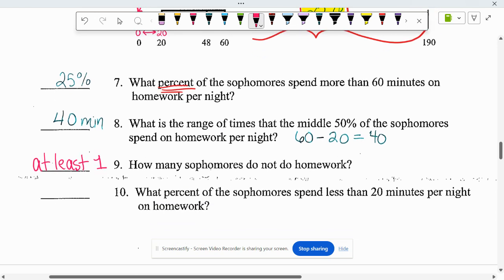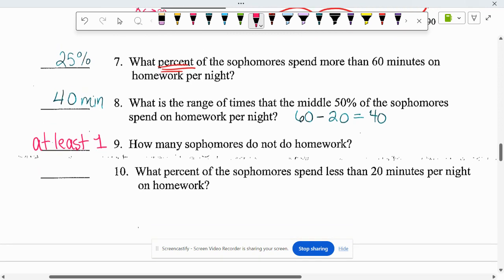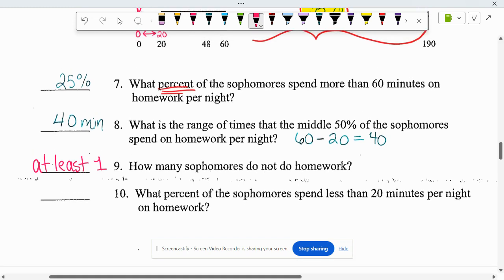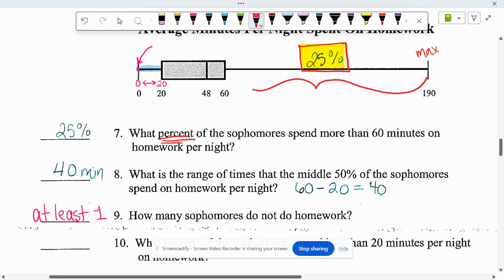We just don't know. What percent of the sophomores spend less than 20 minutes per night on homework? Carla, what percent of the sophomores spend less than 20 minutes per night on their homework? So do you see where the 20 is?